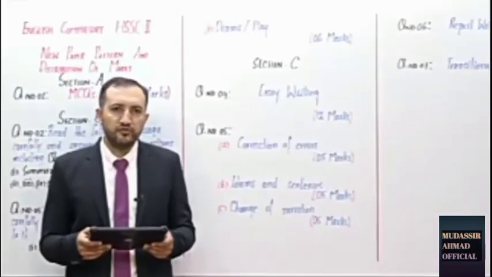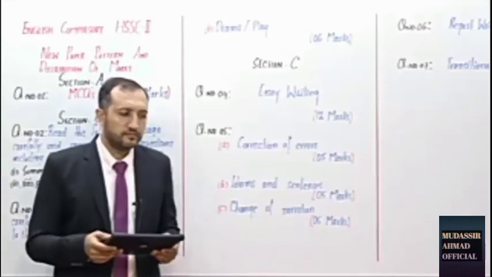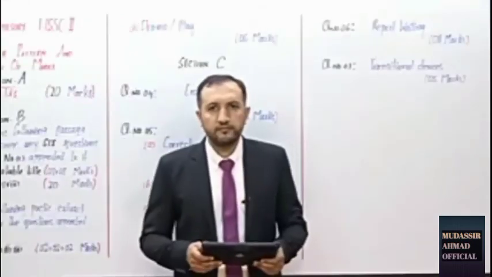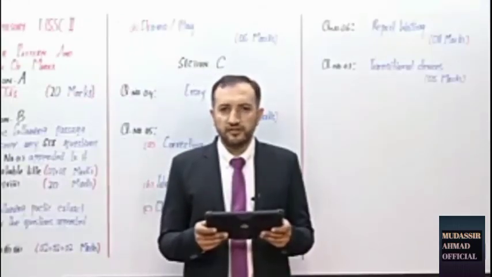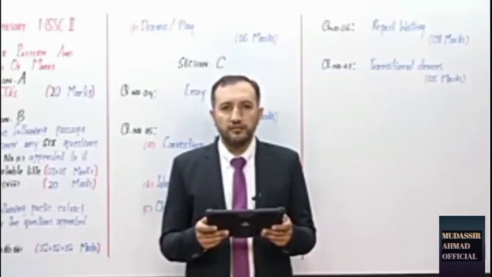Dear students, let's move to the next board, where we will find question number 6 and 7. Question number 6 is about report writing, and it was the part of your old pattern as well, carrying 8 marks.